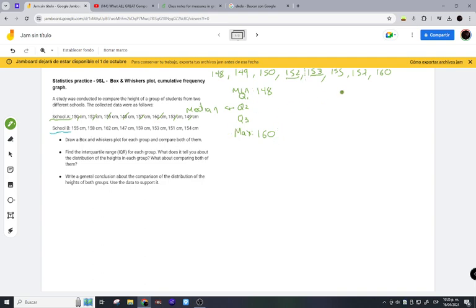So remember, when this happens, we do this addition, the addition of the two, 153, and we divide by 2. In this case, it's exactly 152.5 centimeters.